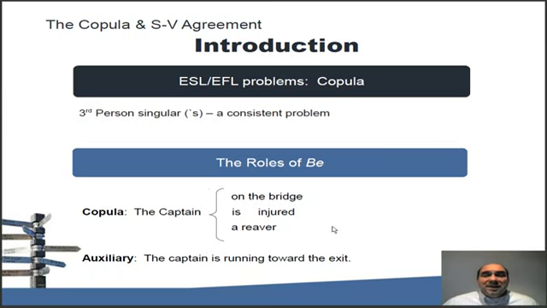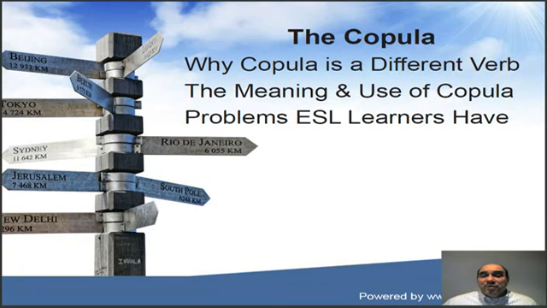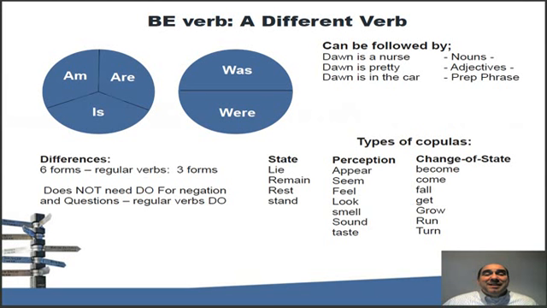Of course, the be verb is also used as an auxiliary when dealing with progressive and perfect aspects, tenses. So we've got a variety of roles here that the be verb is going to be involved in, and just because it's the same graphemes that are put together and they have different jobs, it's going to be confusing for your students. Why is the be verb different? And we'll look at some of the meanings and some of the problems that we have with the be verb.